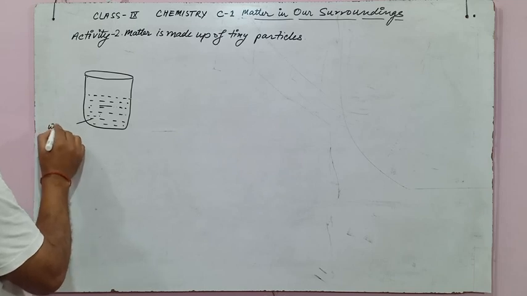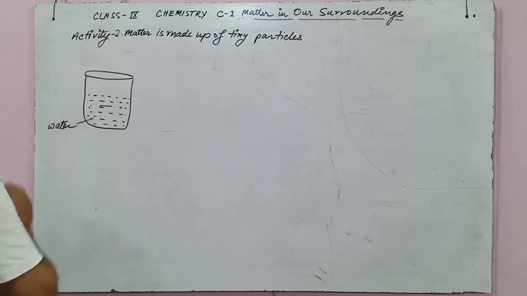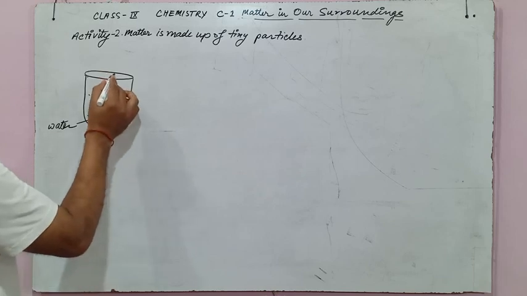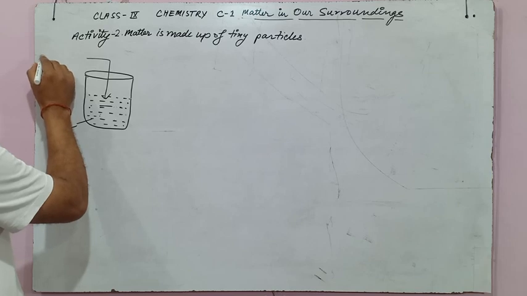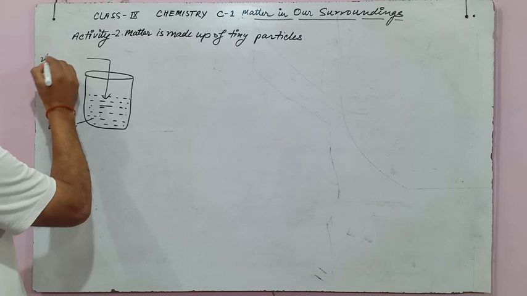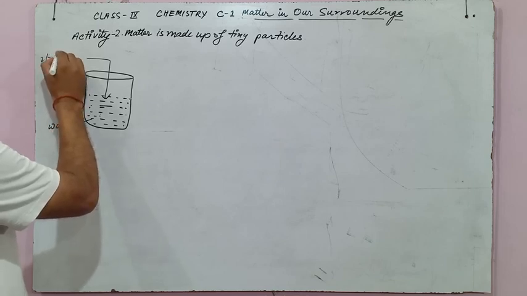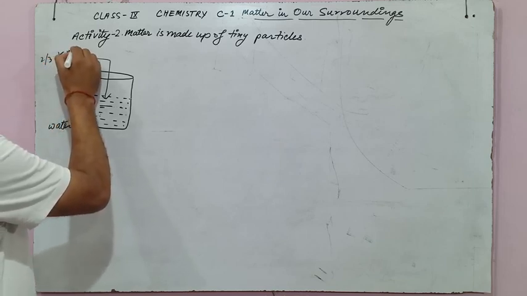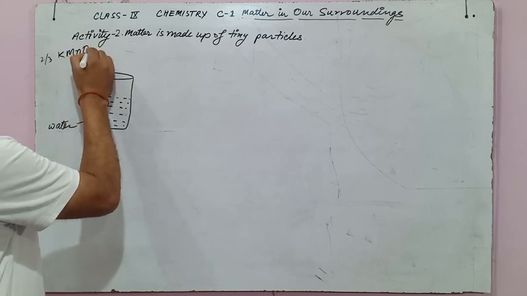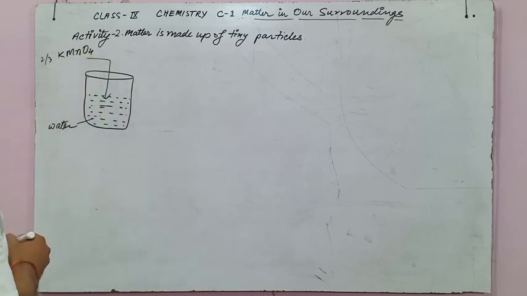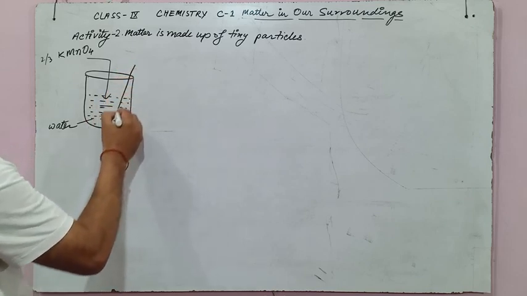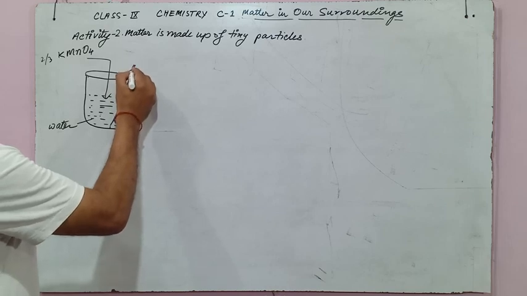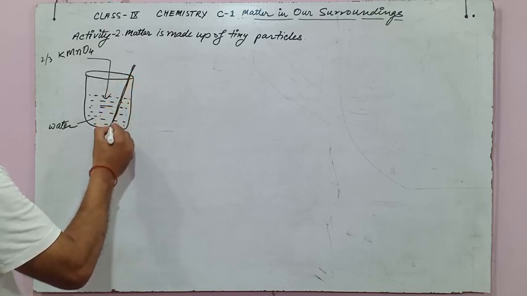This is water, and now add 2-3 crystals of KMnO4. It is potassium permanganate, and dissolve it with the help of a glass rod properly.